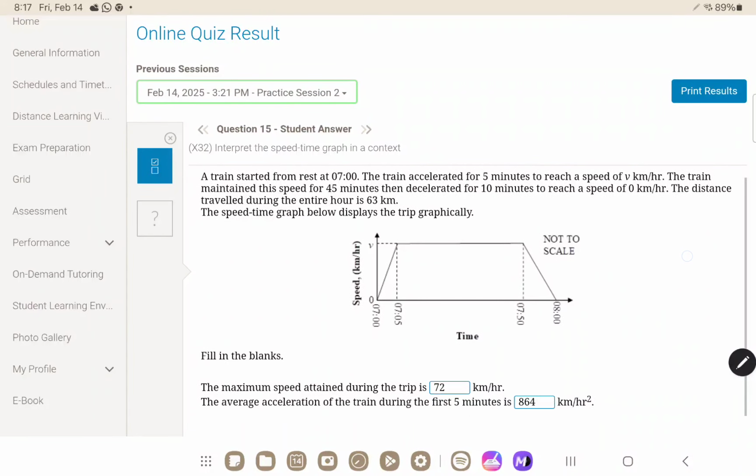Now, for this question, we've seen it like a million times, but let's solve it. The maximum speed attained during the trip: you need to find the area of the graph, which is a trapezoid. So 7 to 8 is 1 hour, or 1, plus the small base, which is 7:50 to 7:55, so it's 45 minutes. You need to find the percentage of that hour it's in.